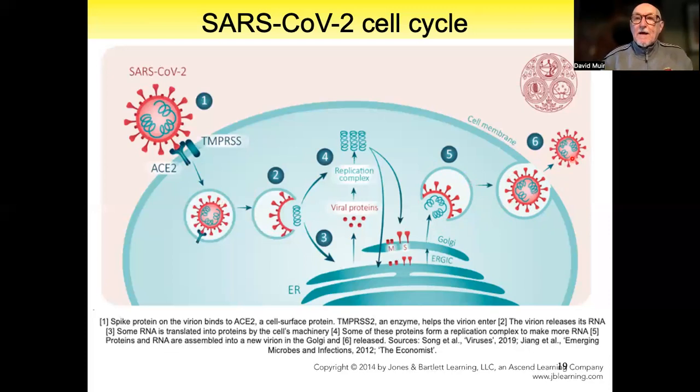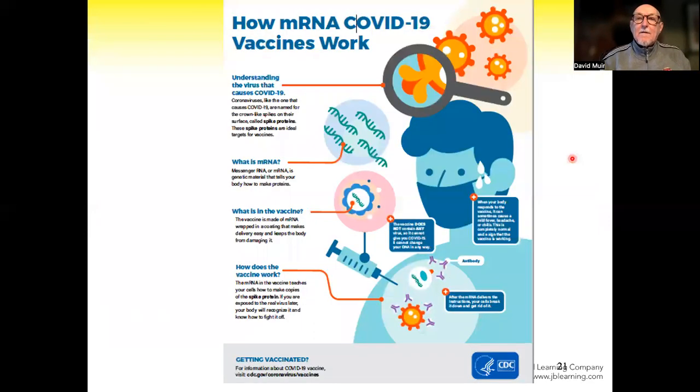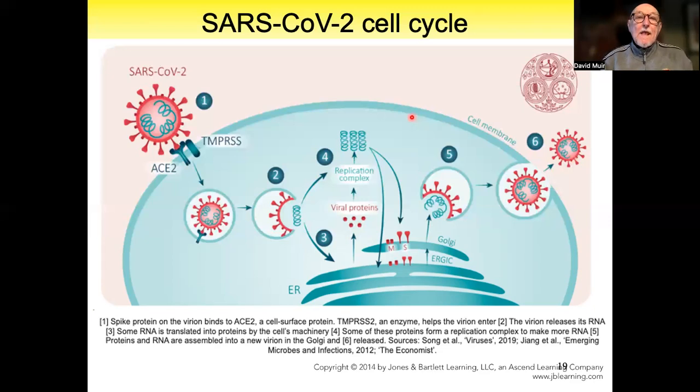So you'll realize how critically important these proteins are here embedded in the envelope, because they are what govern the virion's ability to enter its host cell and be replicated through this complex process.